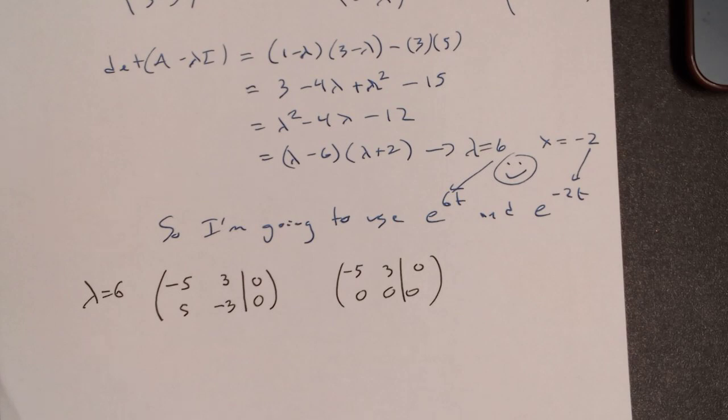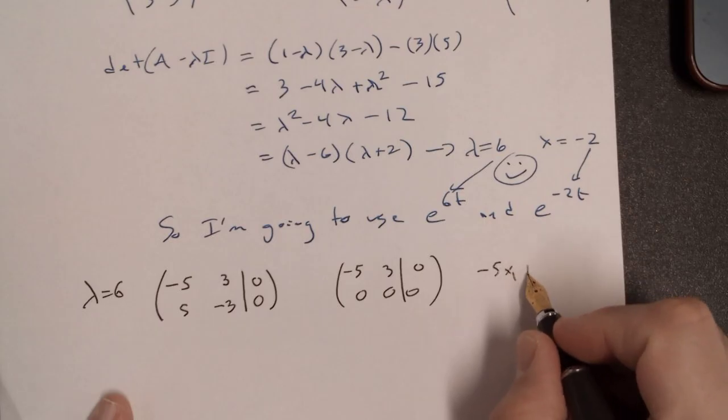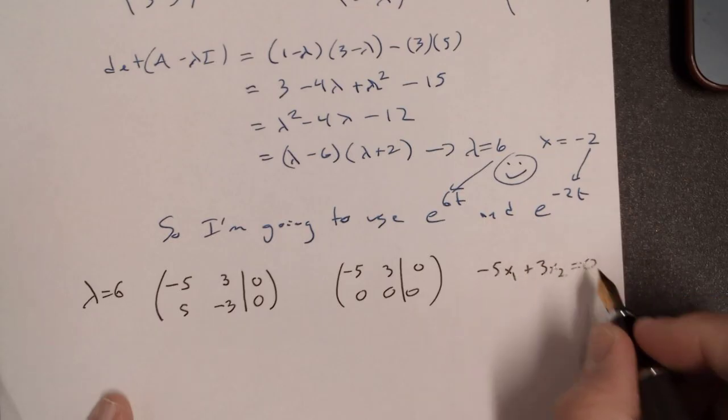That's good, because that gives me a whole set of vectors that make this work. And they all point in the same direction. They all satisfy the equation minus 5x1 plus 3x2 equals 0.